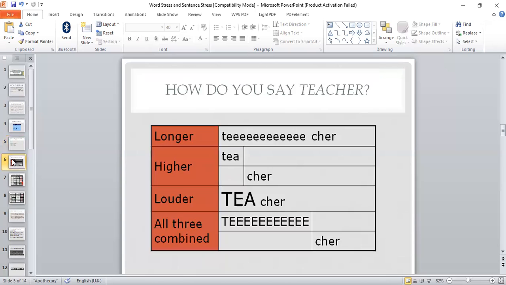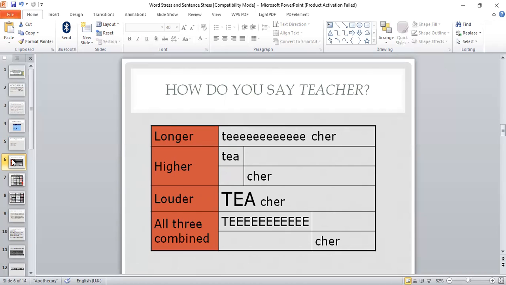Moving up from there quickly, how do we situate these three criteria while pronouncing the word teacher? If it is longer, we pronounce it as teeeacher. The first one shows the length.